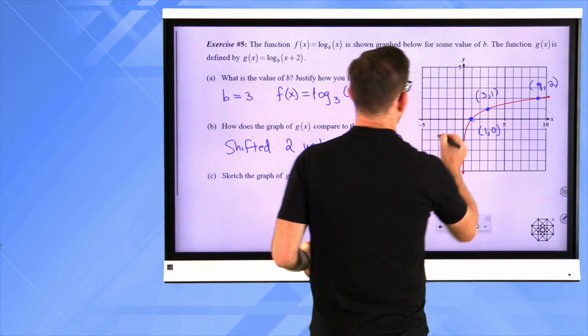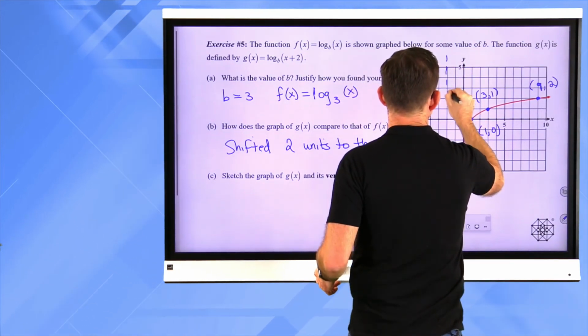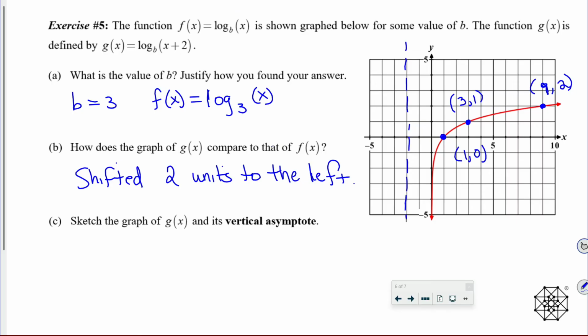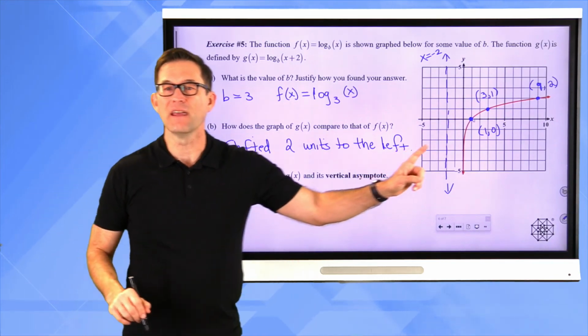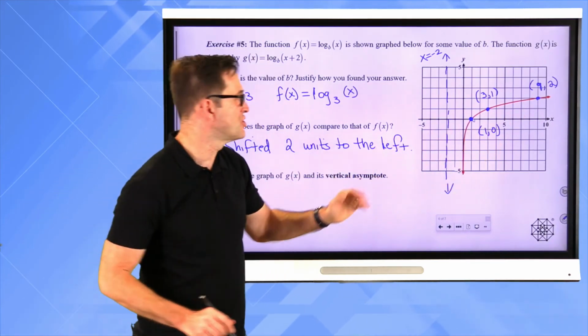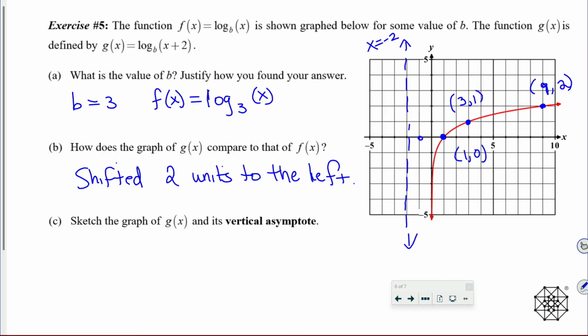That's actually, in my mind, very helpful to throw in before we do anything else, right? We just put in that vertical asymptote at x equals negative 2, right? Now I can take each one of these marked points and I can just shift them 2 units to the left. So I could put this one here, and this one here.